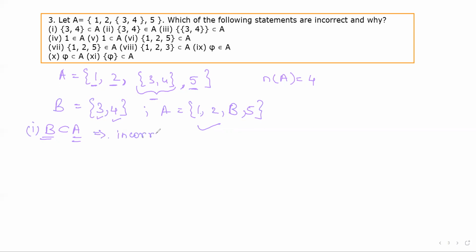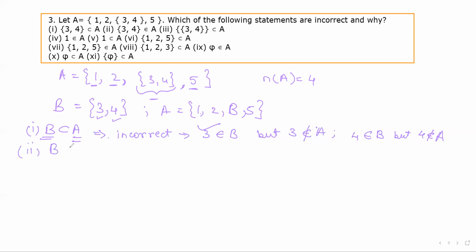Whenever your statement is incorrect, you're supposed to justify it. The reason being 3 belongs to B, but 3 does not belong to A. Similarly, 4 belongs to B, but 4 does not belong to A. That is the justification.